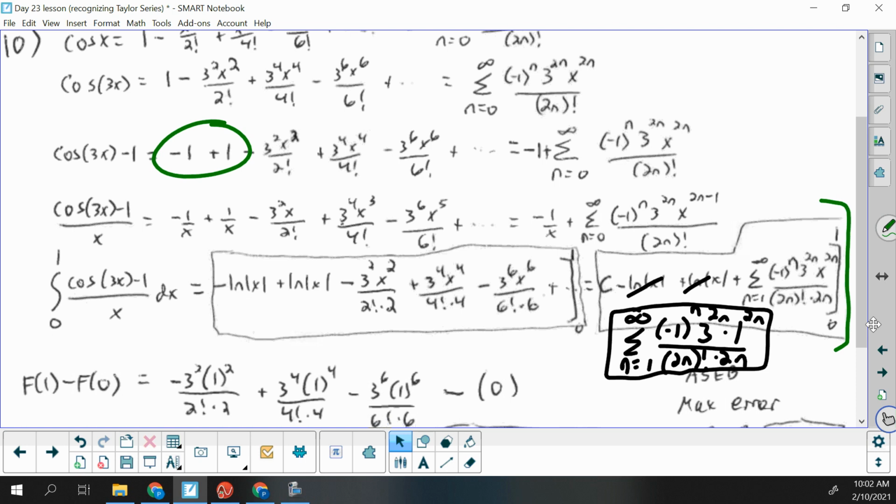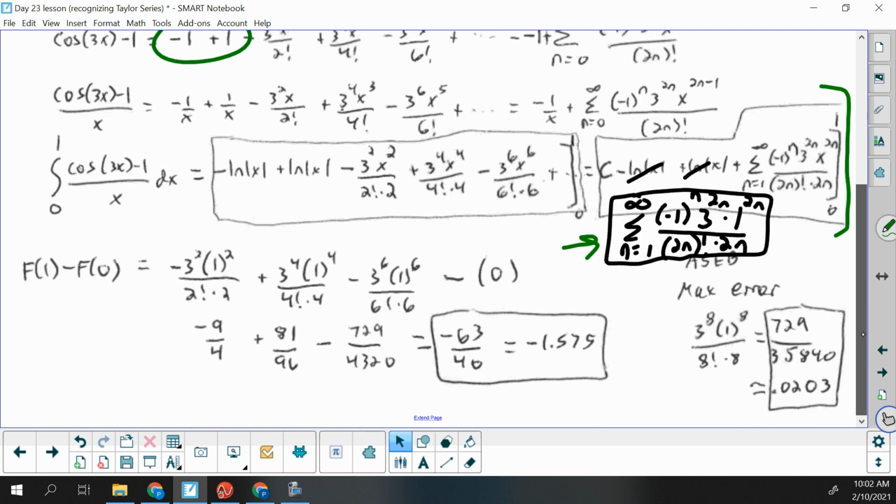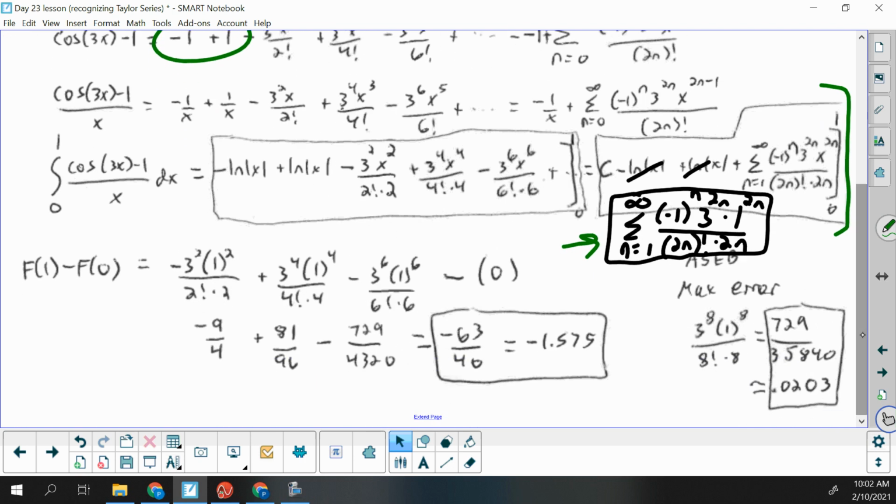I could have gotten rid of those here as well. Sub in your 1 for x, and that's what we get for our value of our integral with everything subbed in. Well, then they wanted us to use the first 3 terms. So sub in your n equals 1, n equals 2, and n equals 3, and fill in 1 for x. And this gives us the first 3 terms, so it's an approximation by our partial sum.